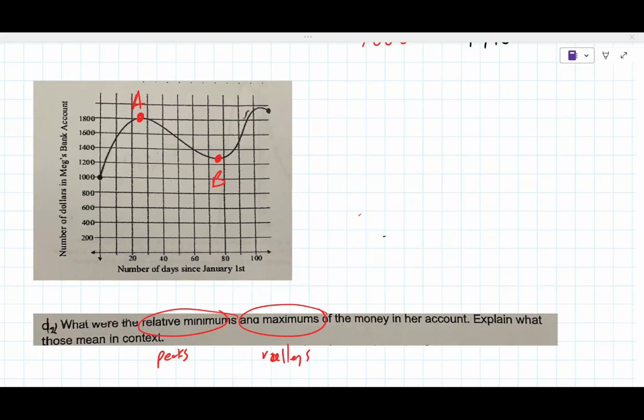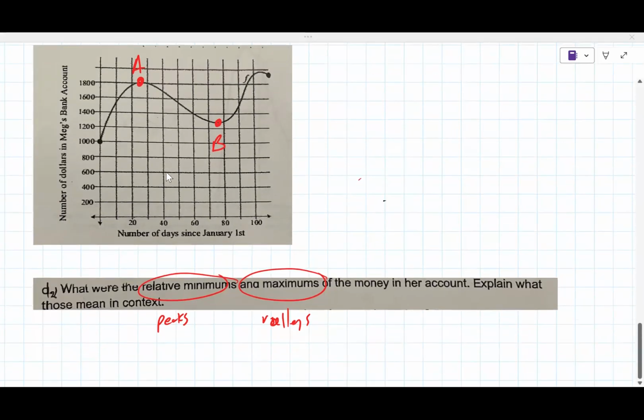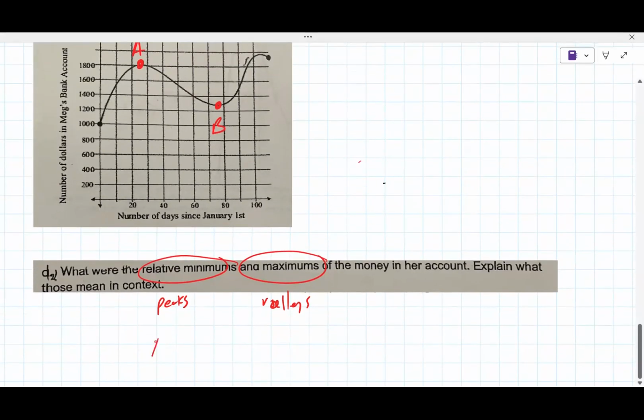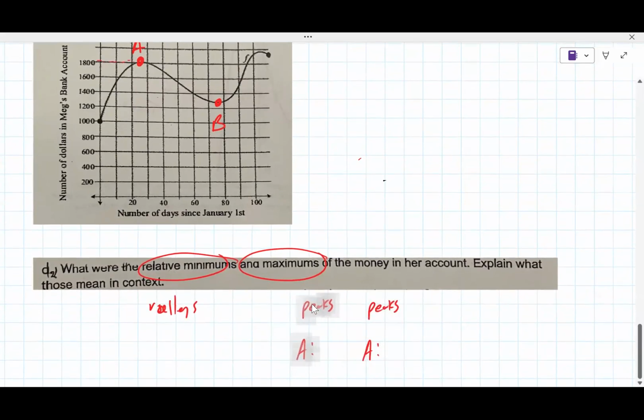The peak is at A and the valley is at B. Okay, so at A, what is the y value there? 1,800.